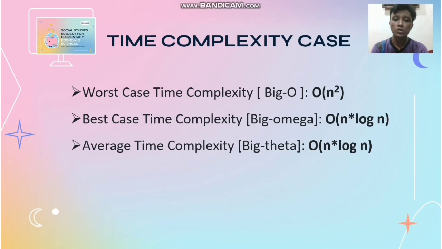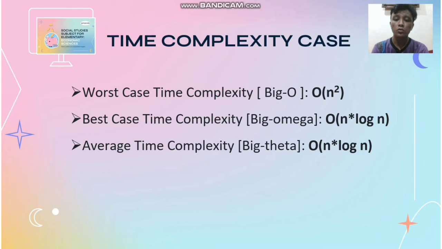The worst case time complexity for quicksort is n to the power of 2. The best case time complexity for quicksort is n times log n. Same for the average case time complexity, also n times log n.